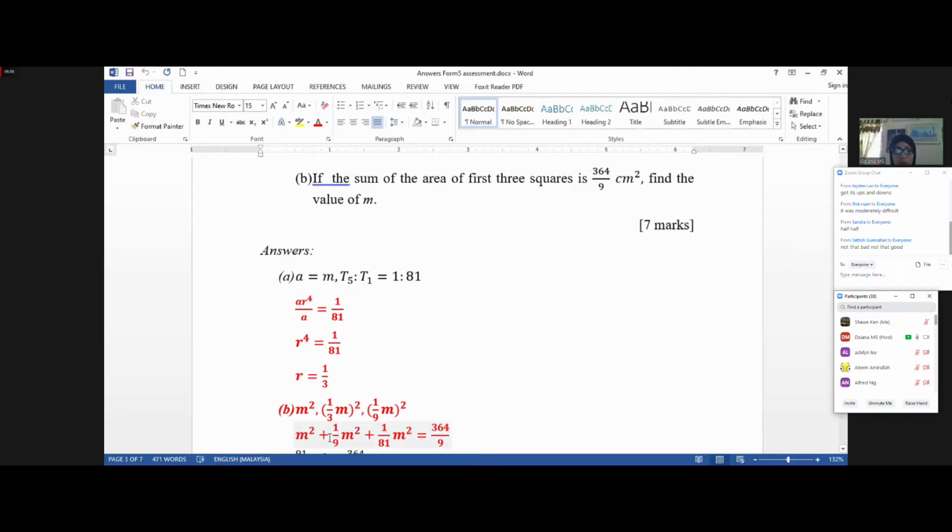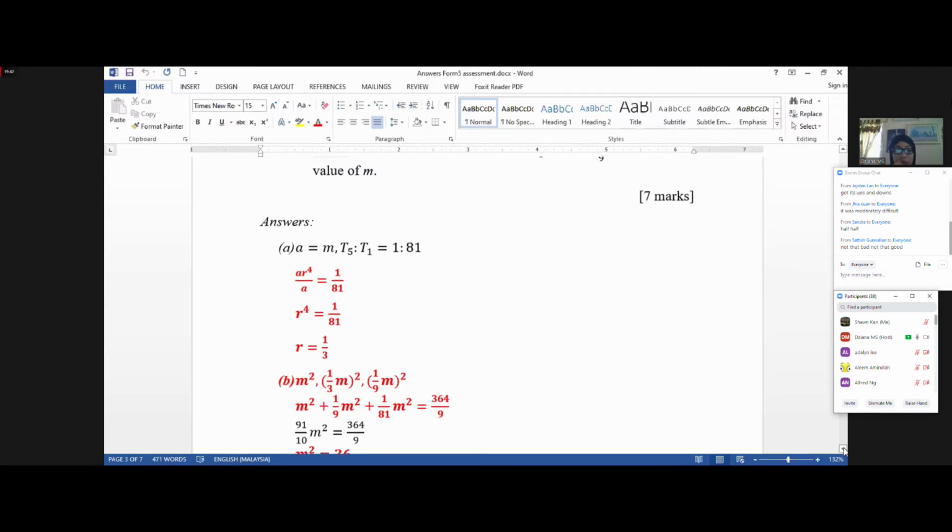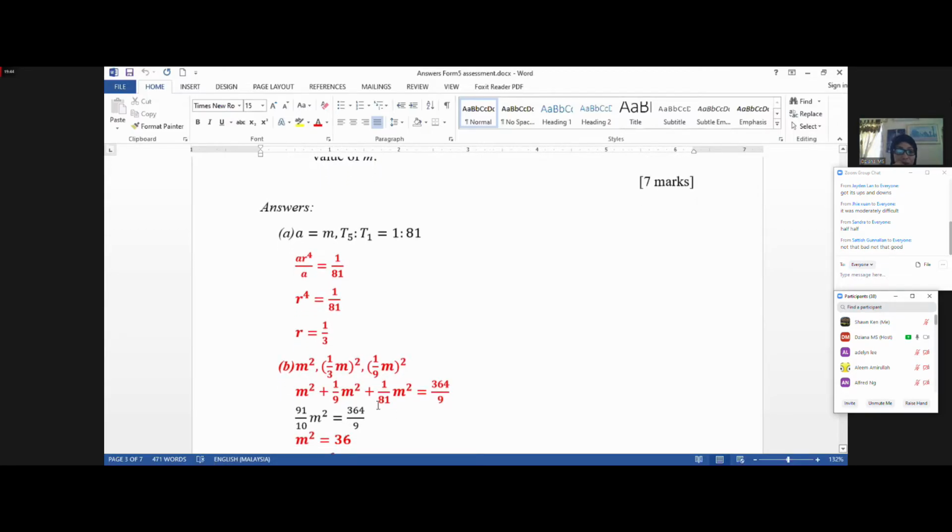So I just plus 1 plus 1 over 9 plus 1 over 81, that is 91 over 81 m squared equals 364 over 9. Some of you using the formula, I can also give you marks from the formula if you substitute it correctly with the correct ratio. And then I simplify this one. I will get m squared equals 36 and m equals 6.